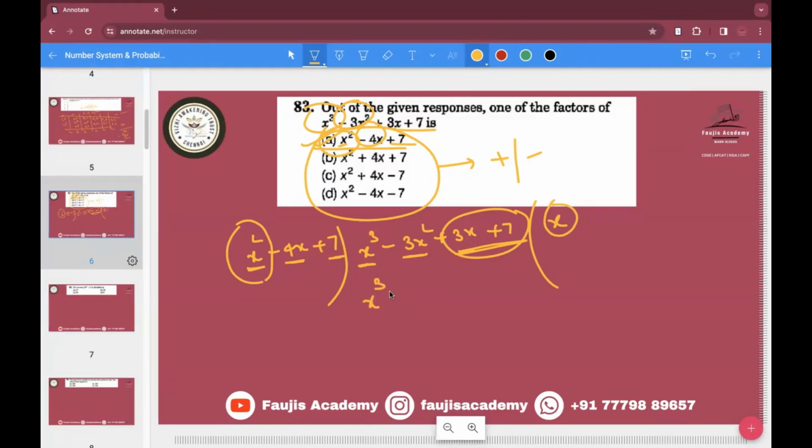So it is x cube minus 4x square plus 7x minus, plus minus. If it is plus, then how much is this? X square plus minus 4x plus 7.